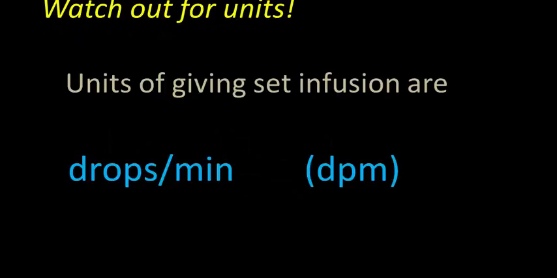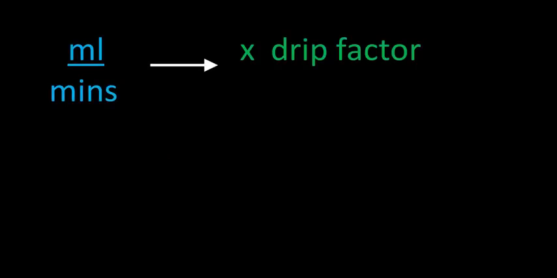However, we've got to watch out for units. The units we require for a calculation of a giving set infusion are drops per minute, sometimes abbreviated to DPM. Now supposing during the setup of the question we found ourselves with milliliters per minute, then we'd have to modify this and multiply it by what is known as a drip factor, and that is something you're usually given in the question.